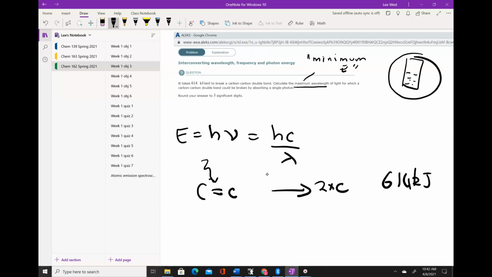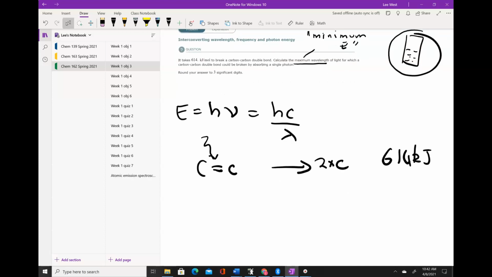So what we're going to do here is, one photon breaks one bond, so we need the energy of one bond. So we're going to take kilojoules per mole, and we're going to turn that into kilojoules per bond. Use Avogadro's number to do that.